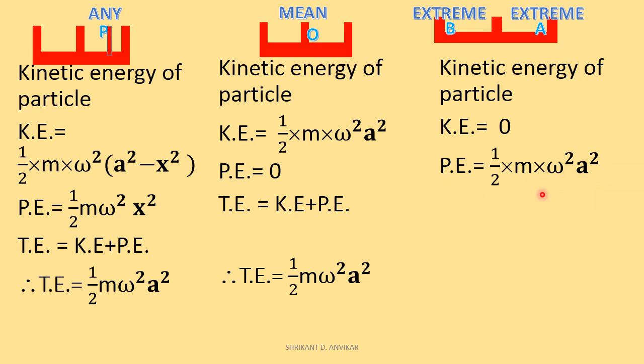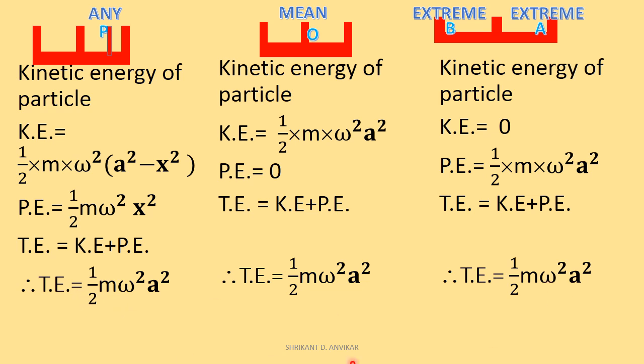This is potential energy at the extreme position. Now total energy means sum of kinetic energy and potential energy. Substituting these two values, we get total energy of the particle at the extreme position is equal to 1 by 2 m omega square a square.